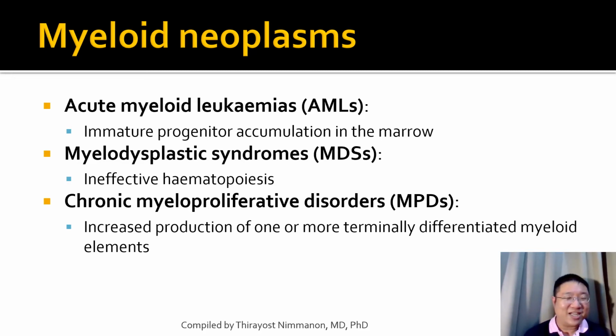And the third group is chronic myeloproliferative disorders. There is increased production of one or more terminally differentiated myeloid elements, meaning that there is neoplastic increased proliferation of the hematopoietic cells of the myeloid cells, but the differentiation is quite normal.